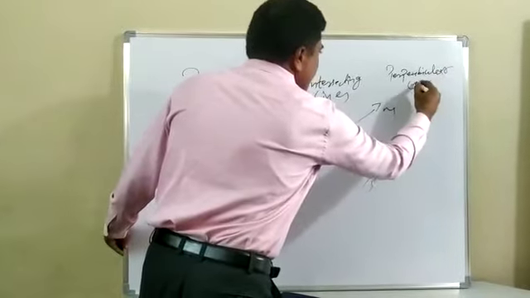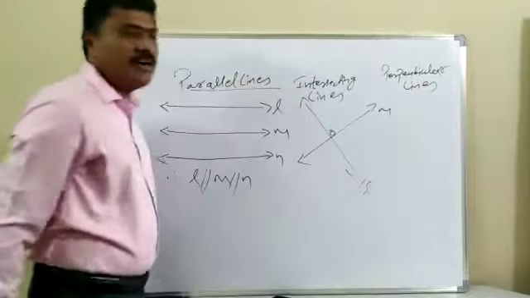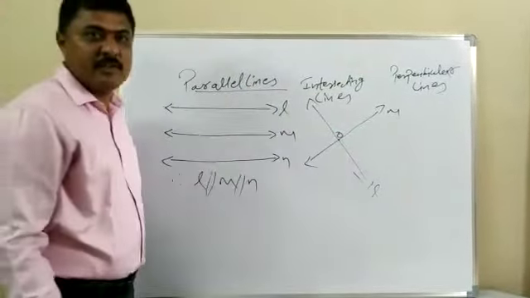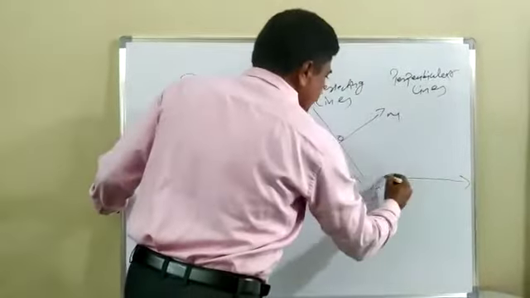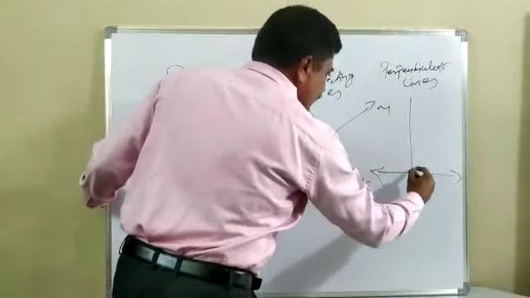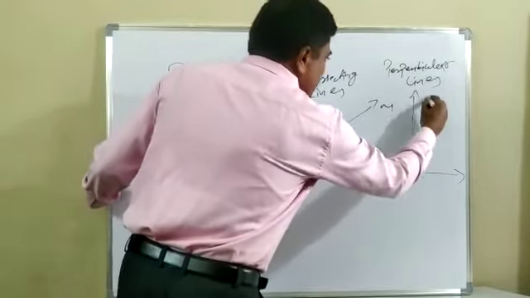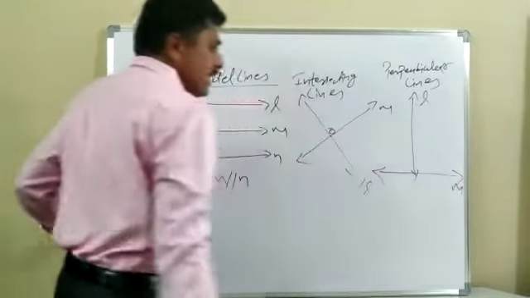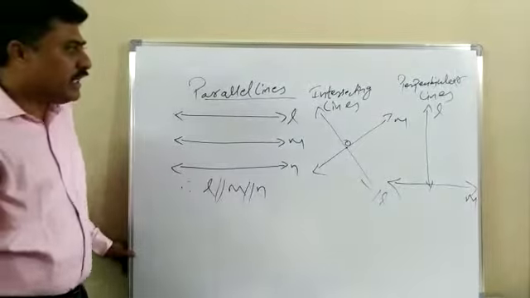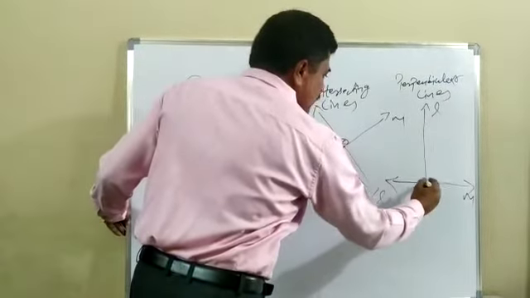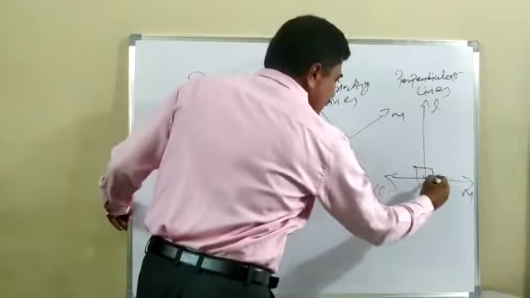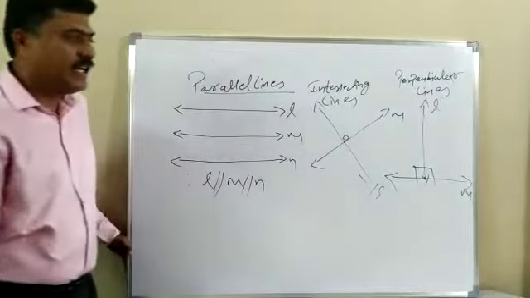Perpendicular lines. What is the meaning of perpendicular lines? We will see now. This is one line I have taken. I am drawing one more line. This is line L. This is line M. Here this line is touching at this point, so the angle formed is exactly 90 degrees.